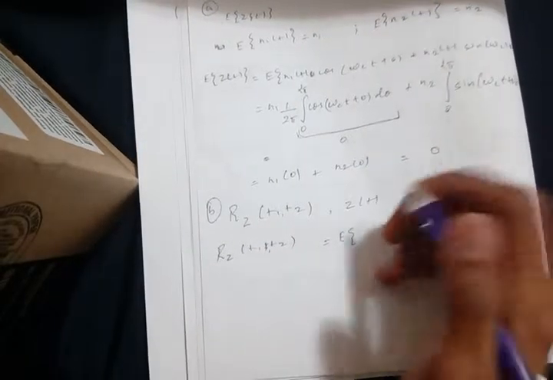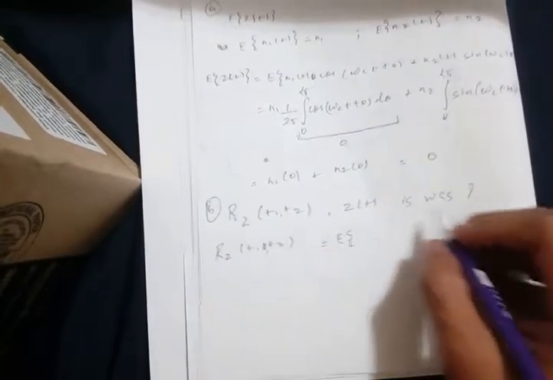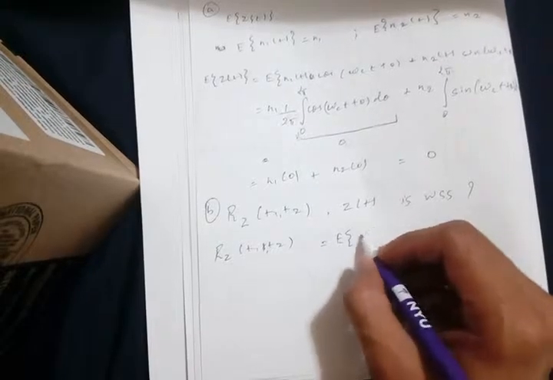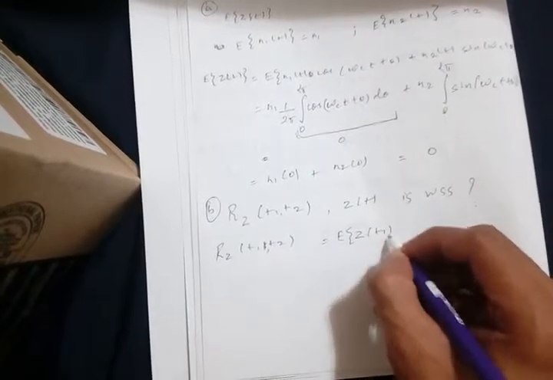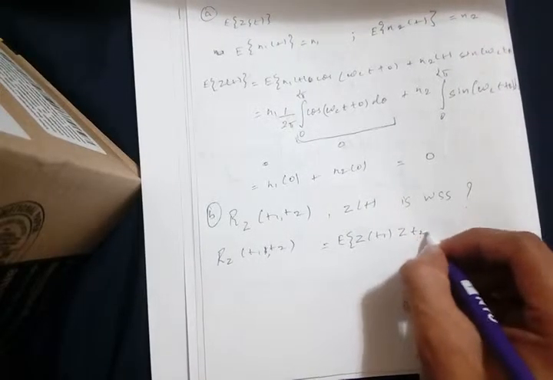To find the autocorrelation of z, we just need to find the product of its values at times t1 and t2.